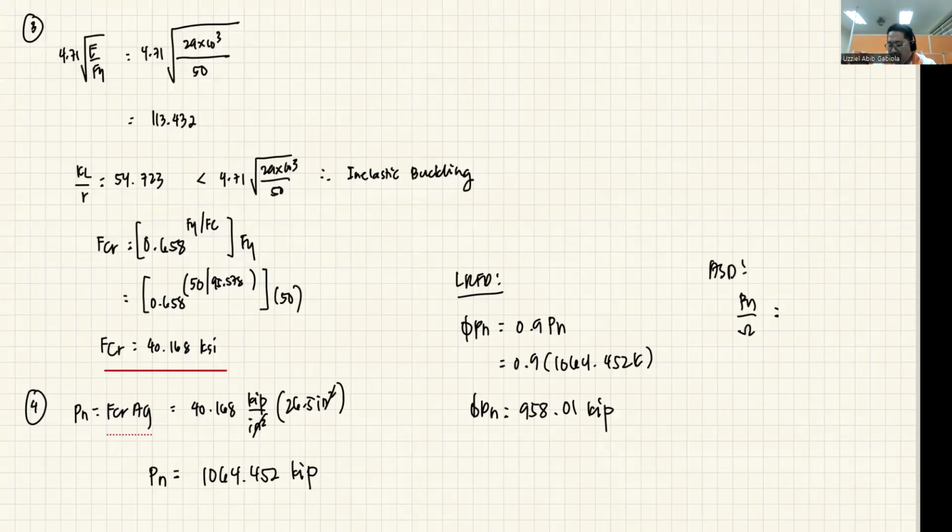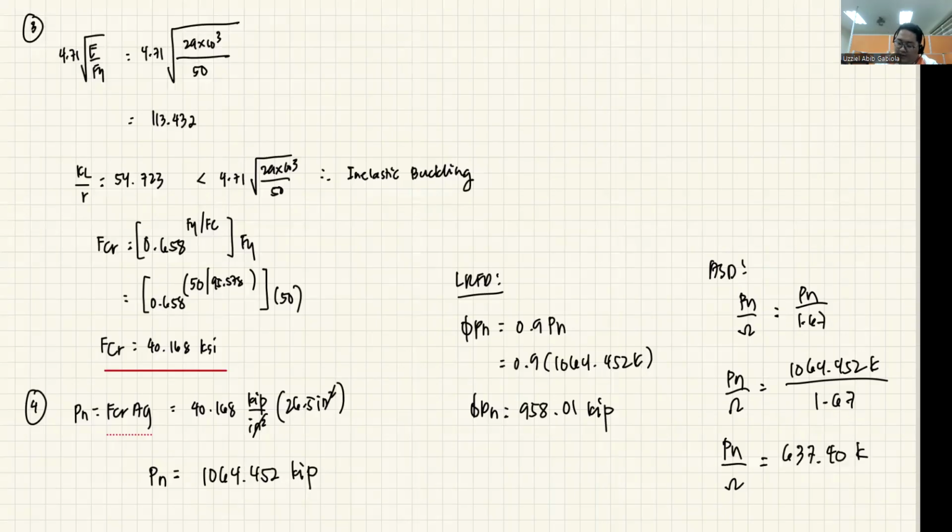So that is Pn over 1.67. So Pn over omega is 1064.452 kip divided by 1.67. That is 637.40 kip. Okay, so these are your answers for LRFD and for ASD.